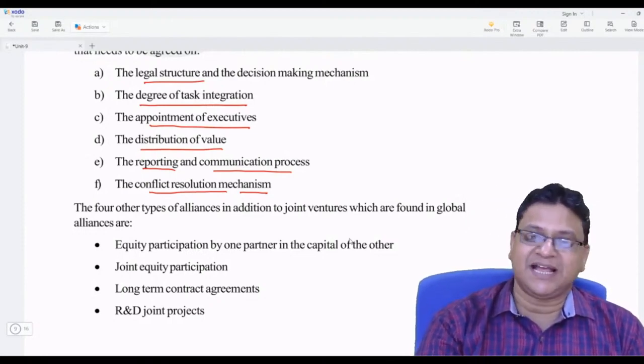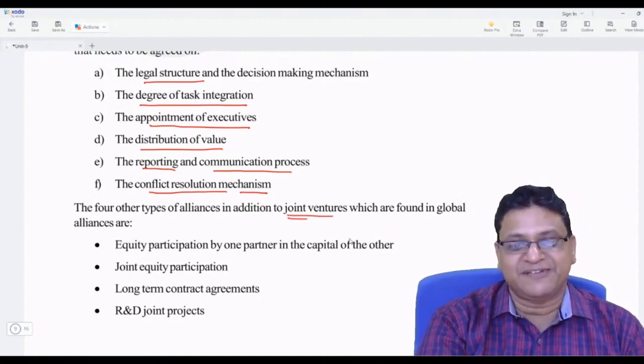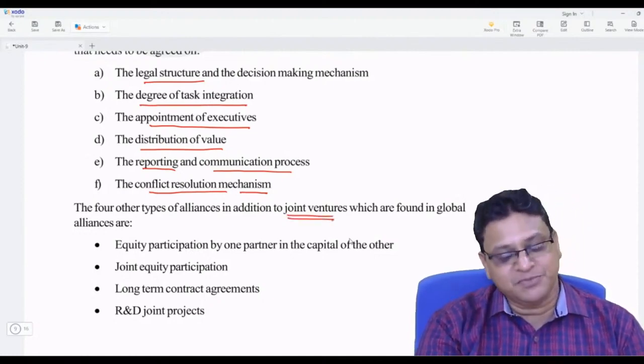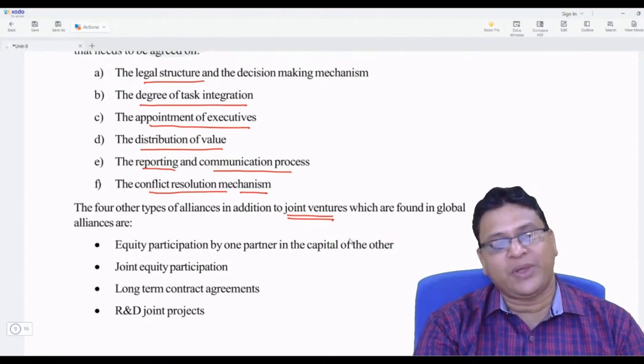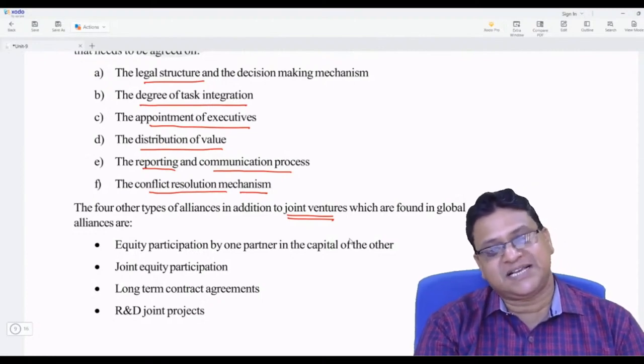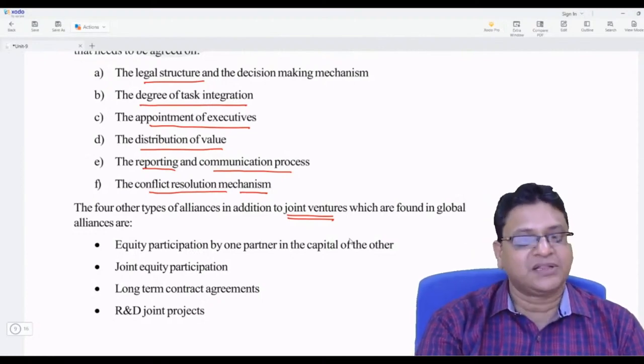Generally, global strategic alliances are in the form of joint ventures. But apart from joint ventures, there are some other ways in which a global strategic alliance can be created. What are the other ways?